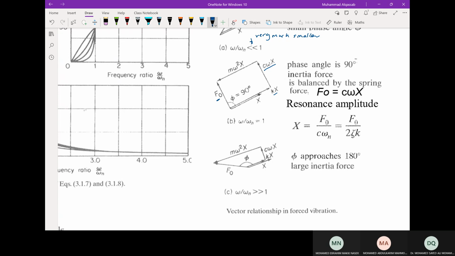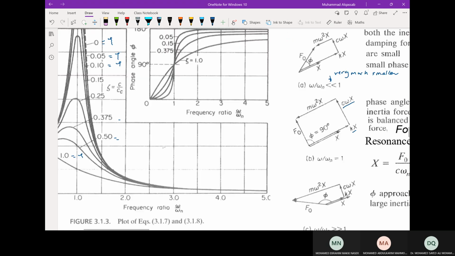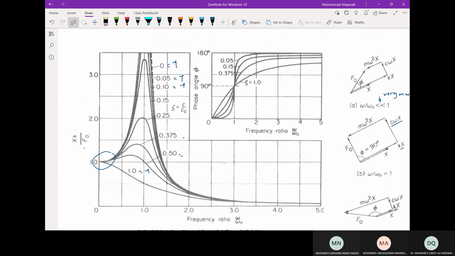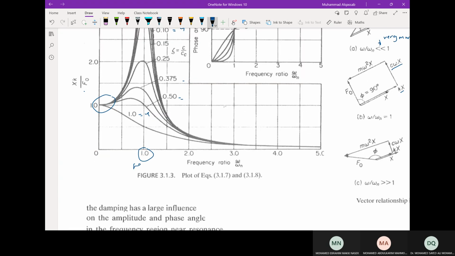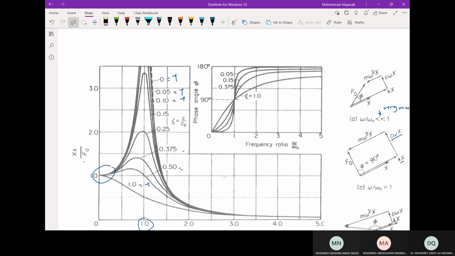And this is the resonance case. Imagine that if C is equal to 0, then there is no force opposing F naught, and that means the amplitude would be infinity. Or if damping is small and we are at resonance, the amplitude is affected by damping. If zeta is 0, this is outside the range and it might be infinity.